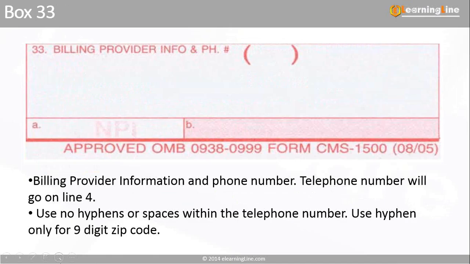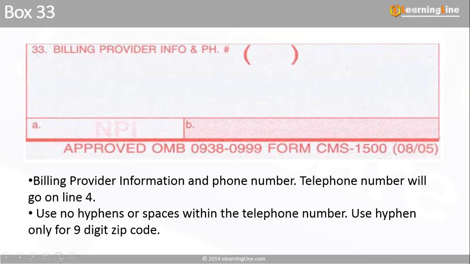Use no hyphen or space within the telephone number. Use hyphen only for 9-digit zip code. So only a zip code field is going to allow that. So this is up to field number 30.